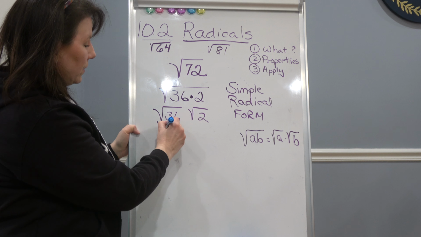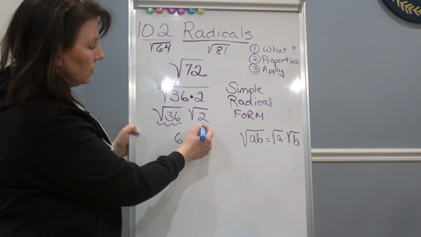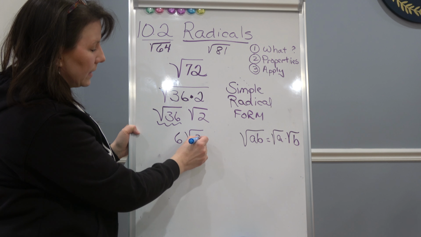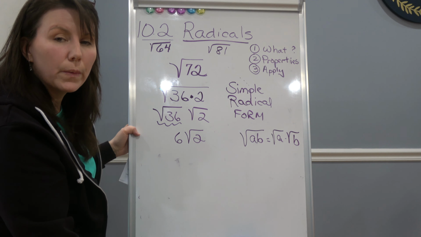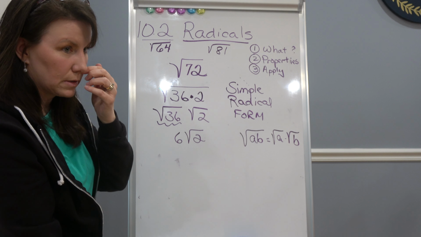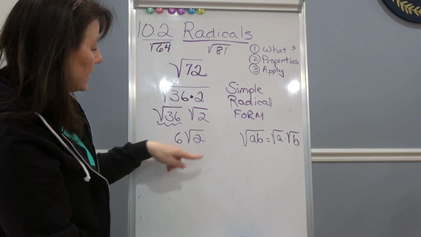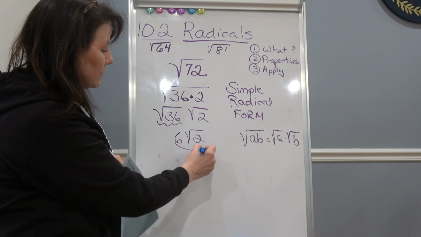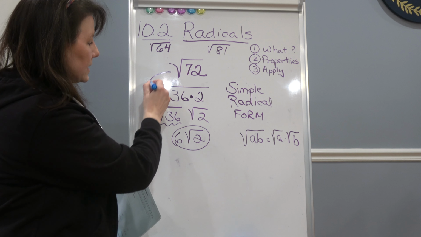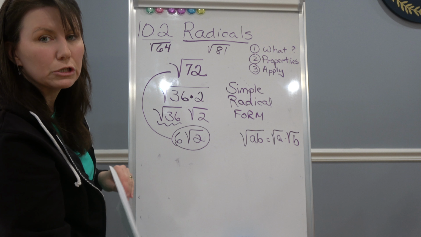So we could say, well, the square root of 36 is 6, and the square root of 2 can't be simplified because 2 is not a perfect square, and there aren't any other factors of the number 2 that are perfect squares. So this answer right here, 6 times the square root of 2, is the simple radical form of the square root of 72.